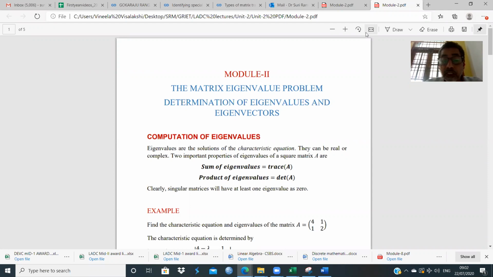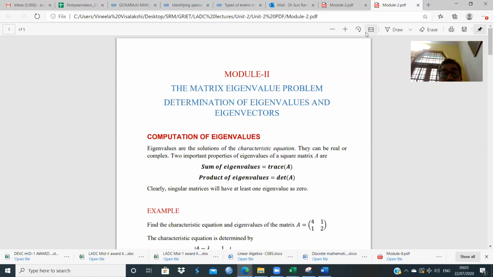All these were discussed in the last lecture. Now we'll focus on finding out eigenvalues and eigenvectors of a square matrix by the analytical method. And we restrict to 2 by 2 and 3 by 3 matrices so as to get an idea of how the eigenvalues and eigenvectors have to be determined.